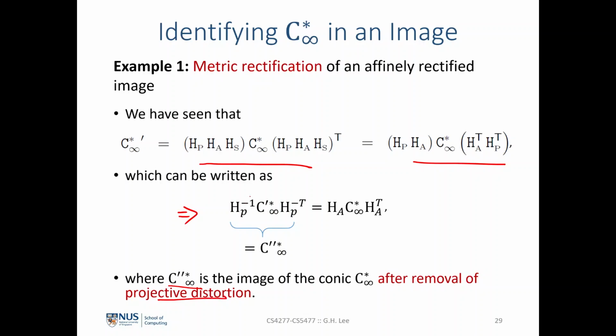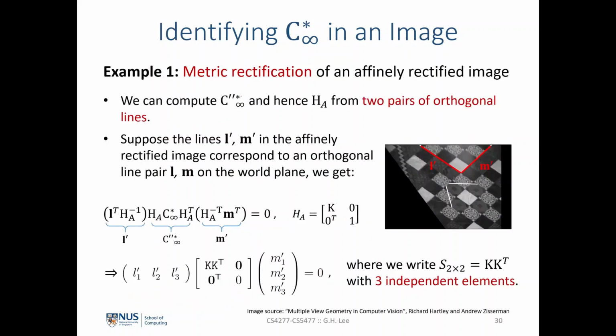Because here we are undoing the projective distortion by bringing this projective transformation onto the left side of the equation, C double prime star infinity would still contain the affine transformation, but we would have the projective distortion removed. So now we can compute C double prime star infinity from the image where we have removed the projective distortion, which we have seen using the line at infinity in the earlier slide.